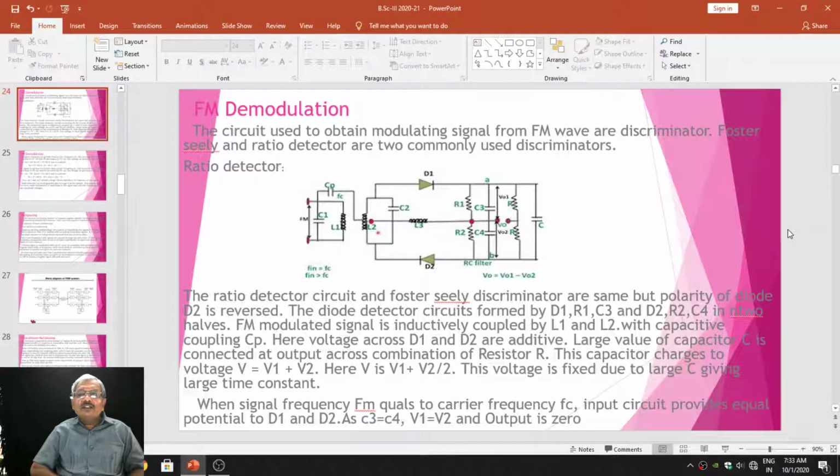And today, as your syllabus includes the ratio detector, we are going to discuss only the ratio detector circuit.